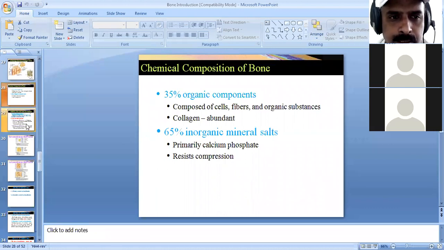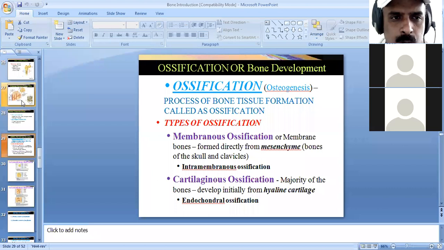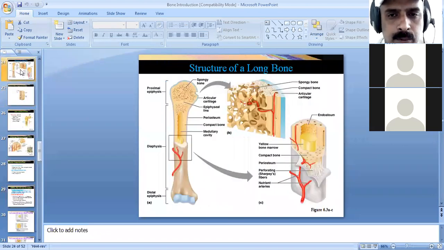When we see the other parts, the parts of the long bone, you have to remember that the long bone consists of the epiphysis, then metaphysis and diaphysis.